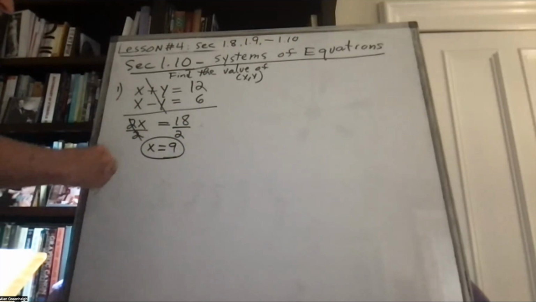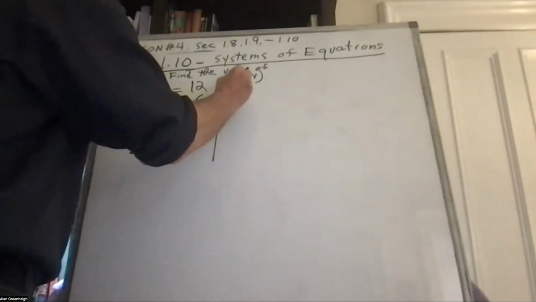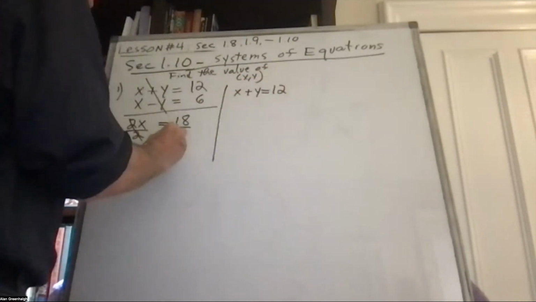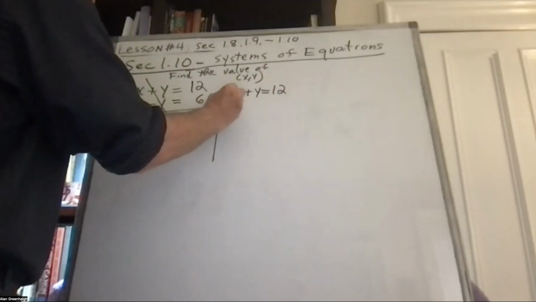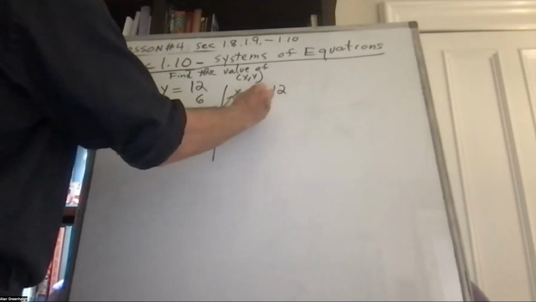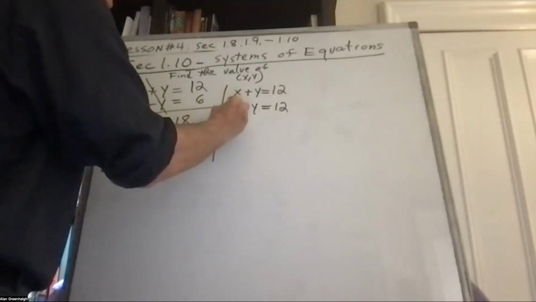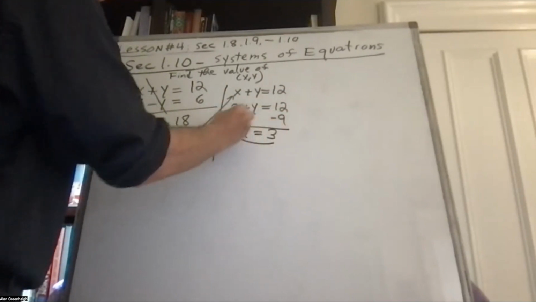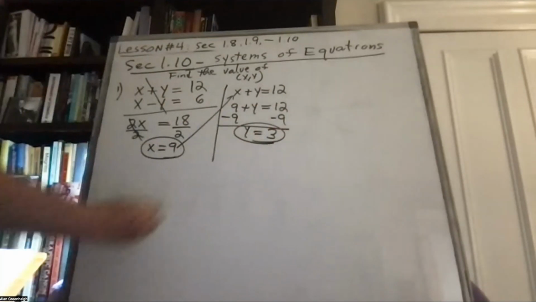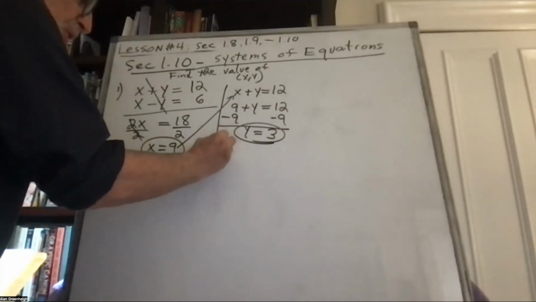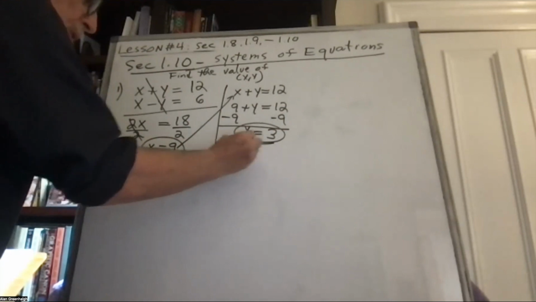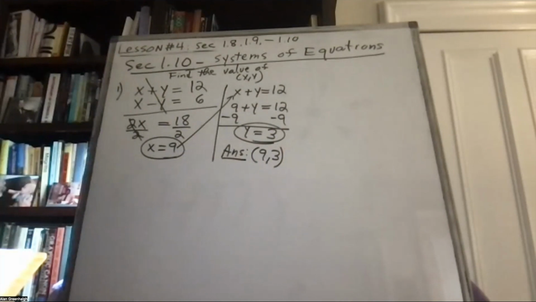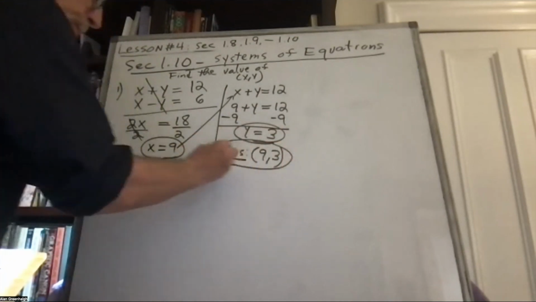But we don't just want X, we also want to know what Y is. So you take one of the two equations, substitute the 9 into this equation, and you get the value of Y. And therefore, the answer to the question would be the point 9, 3. This is the answer to the question.